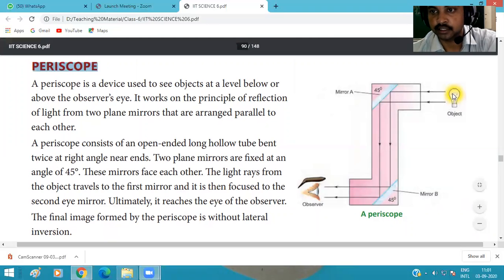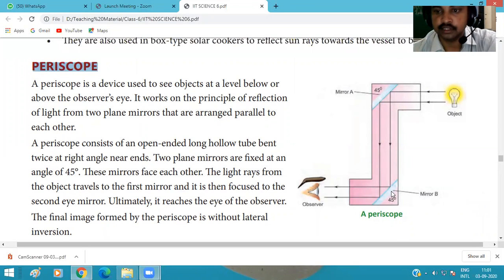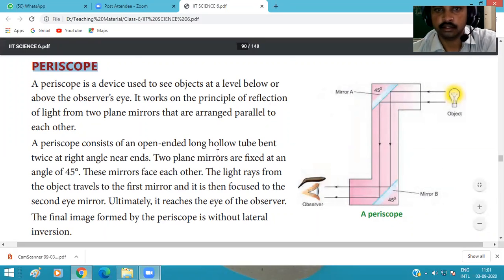Because here the right of the object becomes left, and in the other mirror the image is inverted again, and the right of the object is seen as right. So we see the object by this periscope.